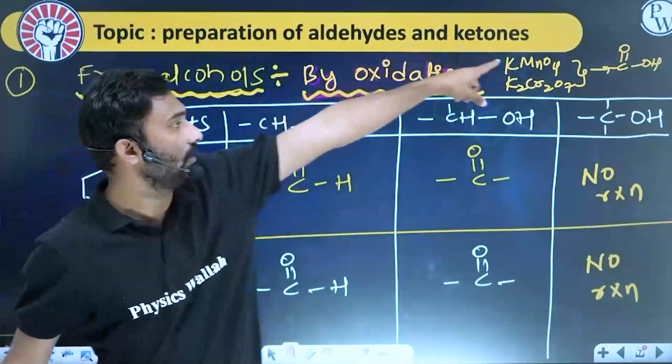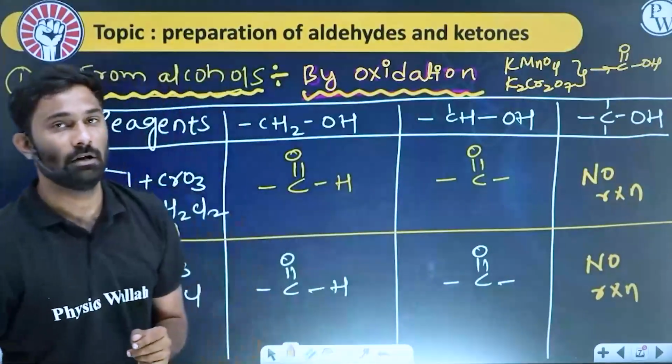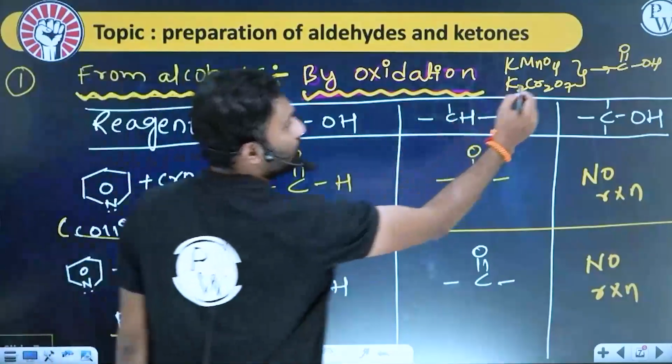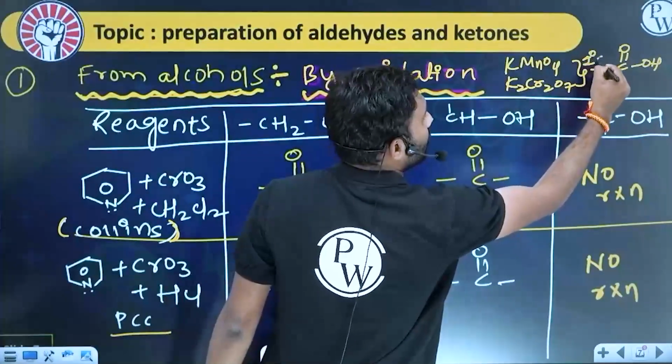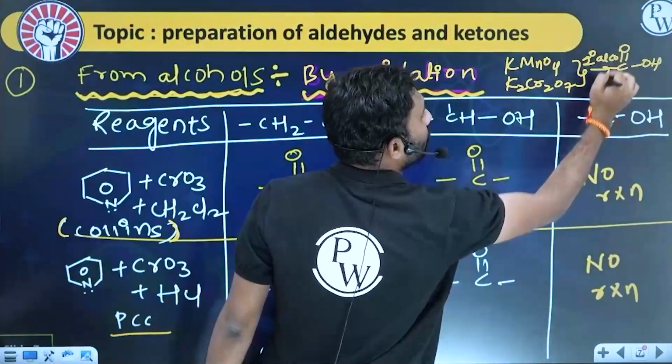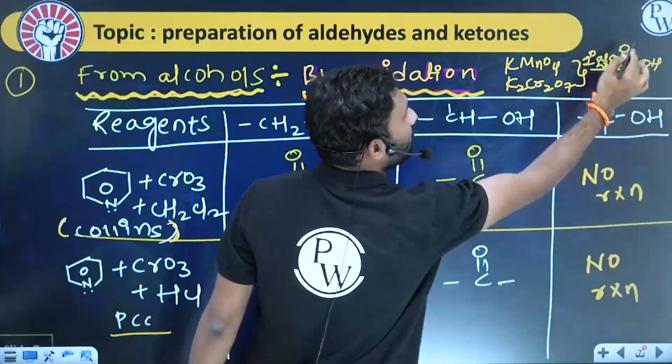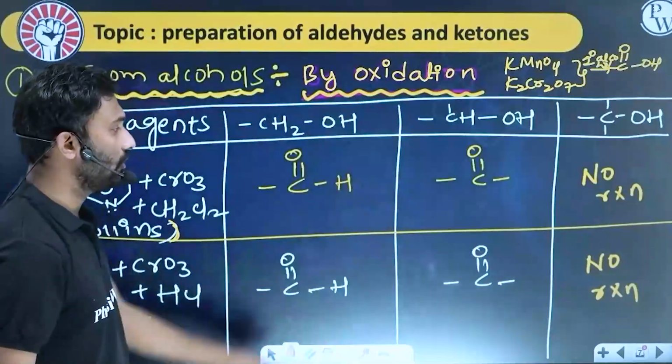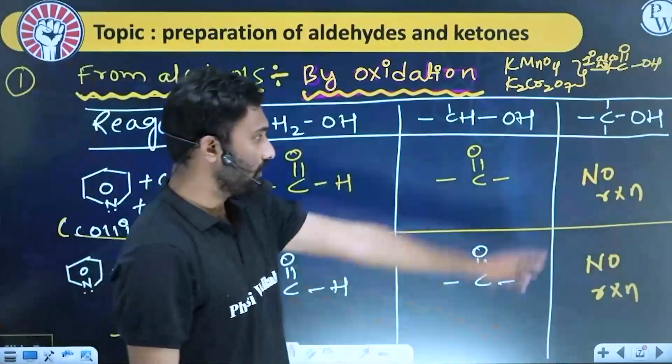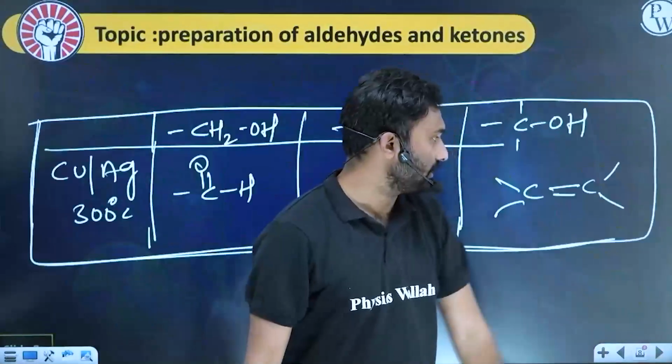But primary alcohol will give the carboxylic acid. 1 degree alcohol will give the carboxylic acid, secondary alcohol will give the ketone. Okay, now tertiary alcohols will not react with this reagent.